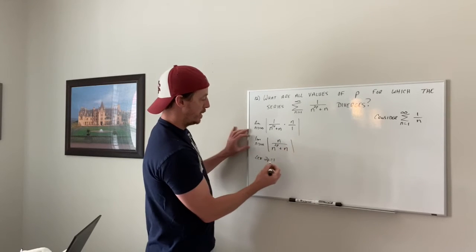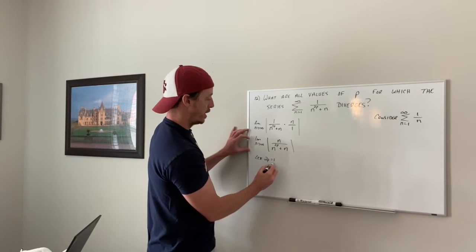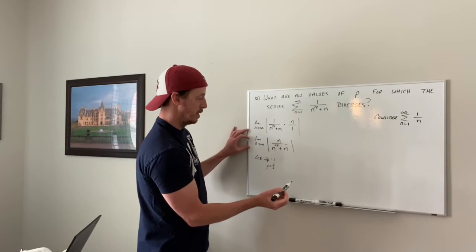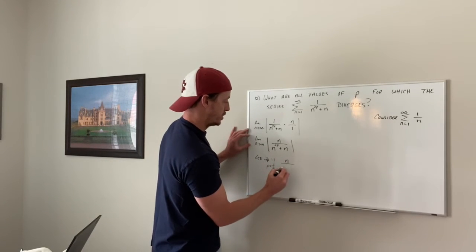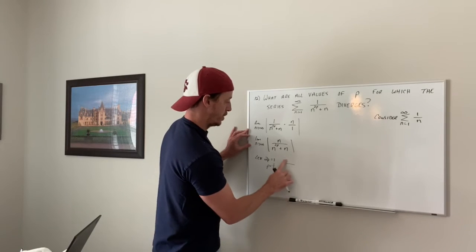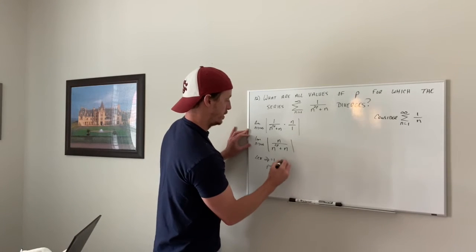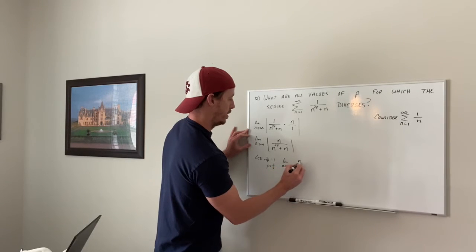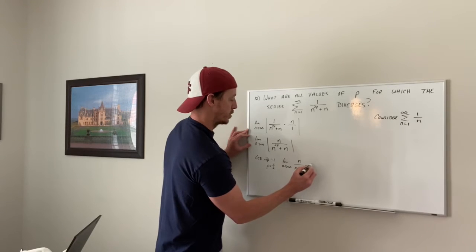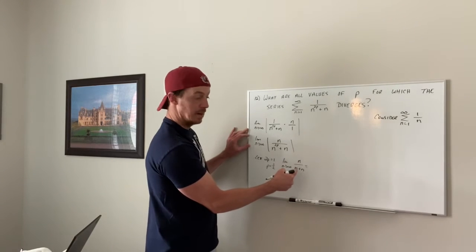If 2p equals 1, that would make p equal to 1/2. Then this would be the limit as n approaches infinity of n over n plus n, which is just n over 2n.